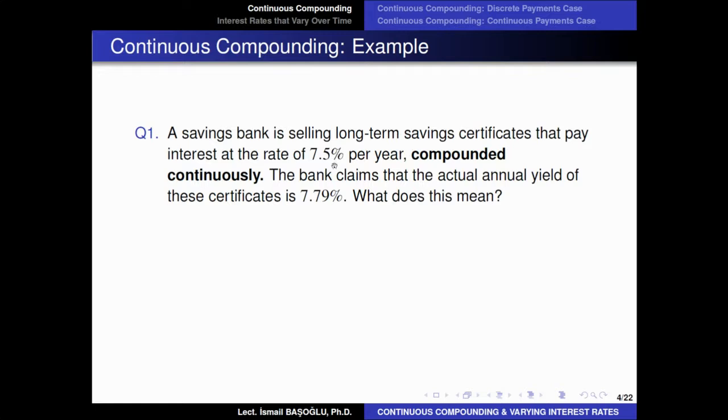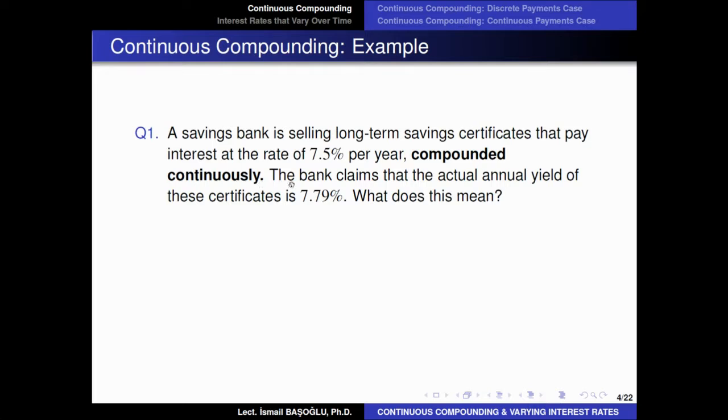So the 7.5% is the nominal interest rate, because compounding does not occur annually. If the question was to say compounding also occurs annually, then the nominal interest rate and the effective interest rate per year will be the same. However, here 7.5% is the nominal interest rate that is written on the contract, and we assume a continuous compounding, which is a new thing.